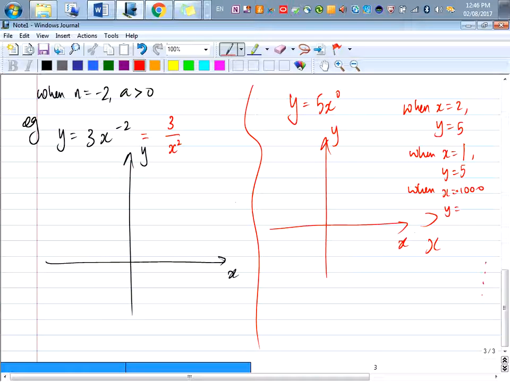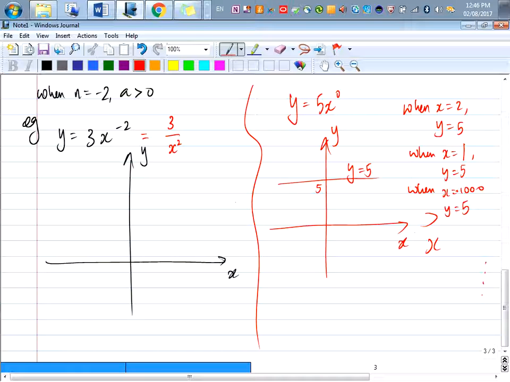Still 1. So 5 times 1 will still give me 5. That is why I will get a straight horizontal line this way, over here, and I just simplify it as y equals 5. The point of showing you this is that any value of x will give you a corresponding value of y. That's why when I zoom out of this graph, this flat horizontal graph, it goes on and on forever.